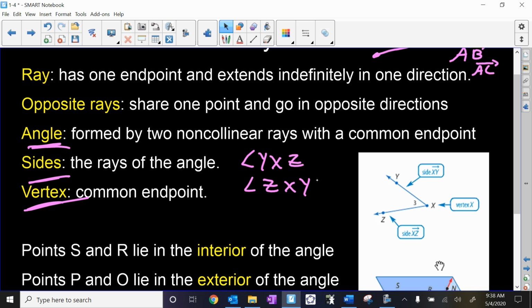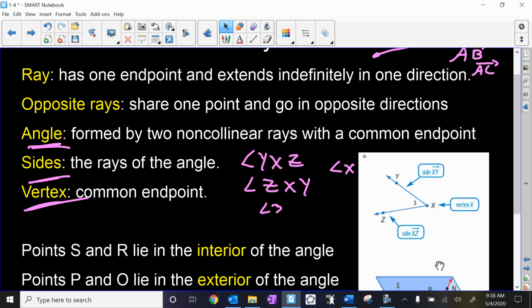X, the vertex point. Sometimes they will also give you a number. In this case, they do. So we can also name this angle 3. And then finally, at times, you may only need to use 1 point. For example, I could just call this angle X.